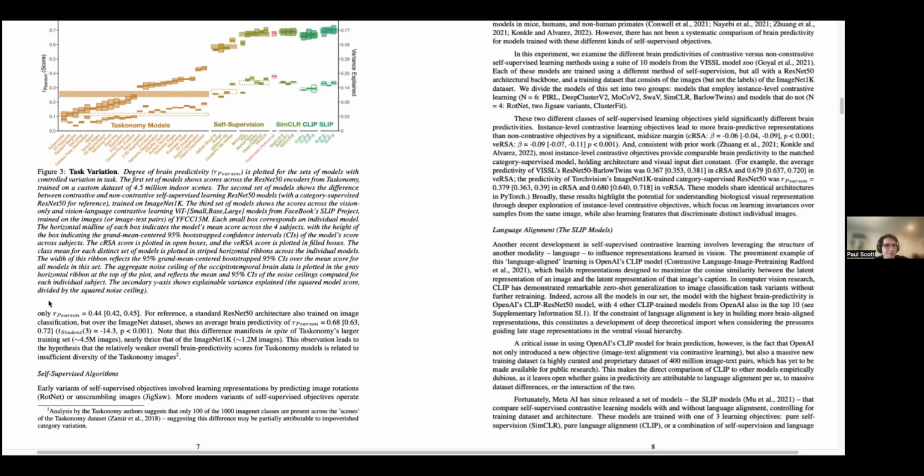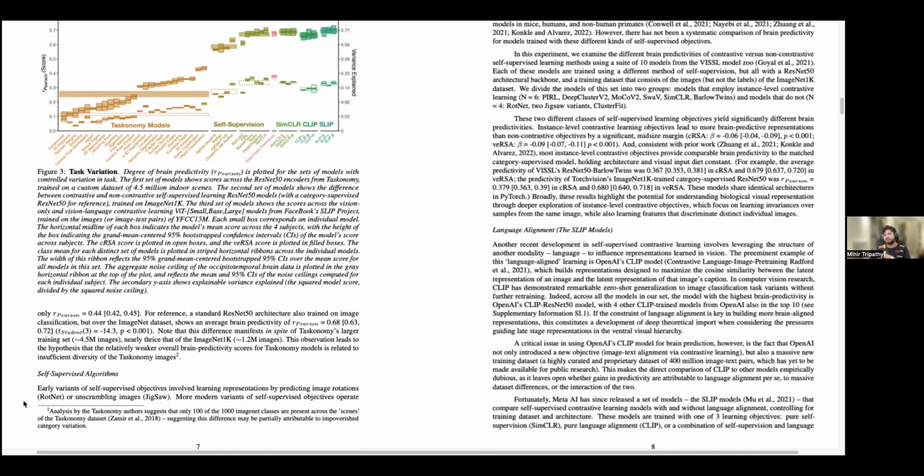It makes me think that maybe this is the way to quantify image diversity. How diverse were your input images for training your model? Let's compare it to the brain. Yeah, we can actually do that.